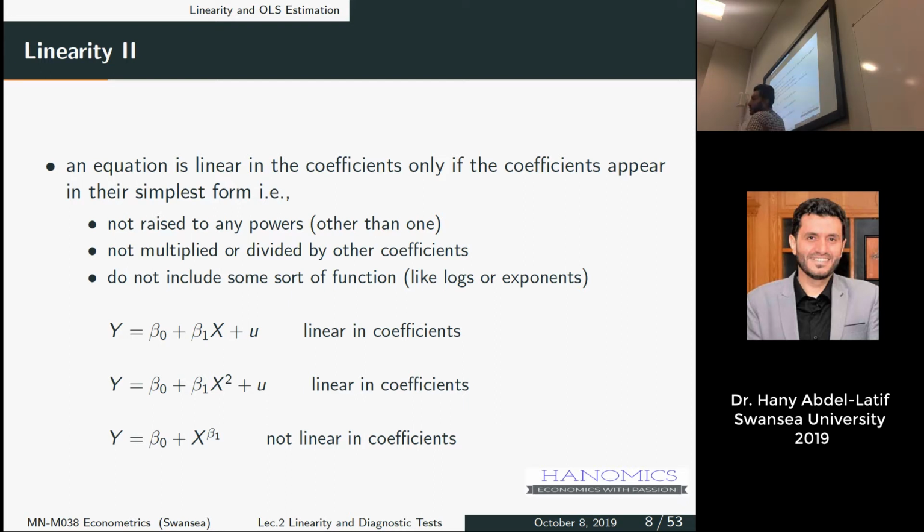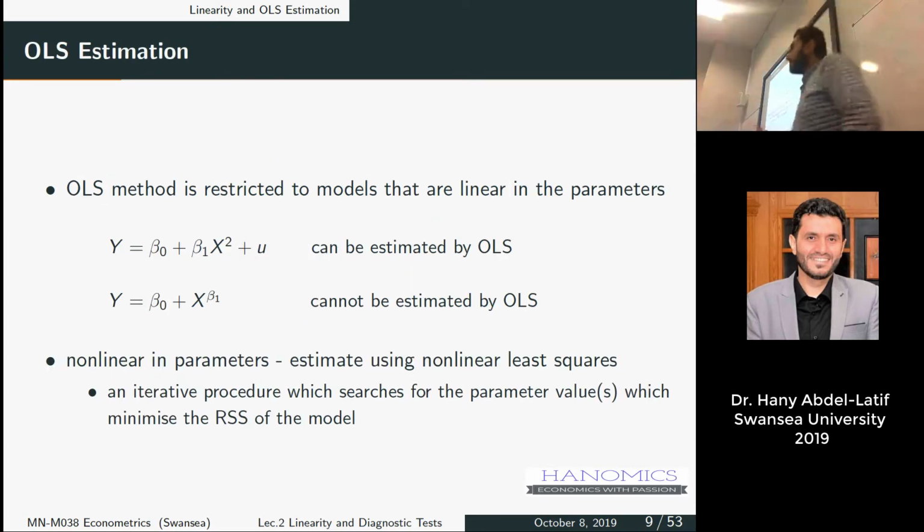This other one is not linear in coefficient. With OLS, we want to estimate equations that are linear in coefficient. So in that sense, this equation can be estimated by OLS. This one cannot be estimated by OLS.